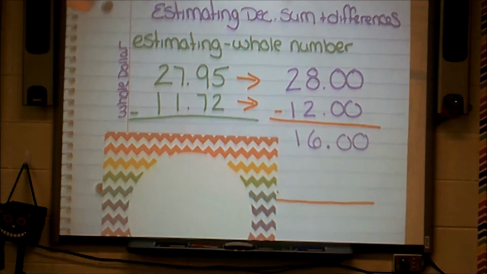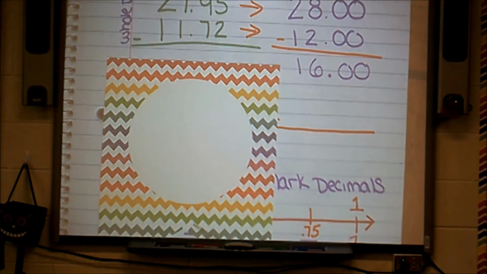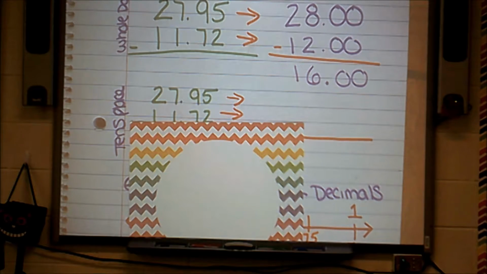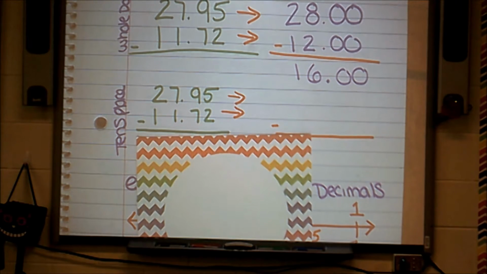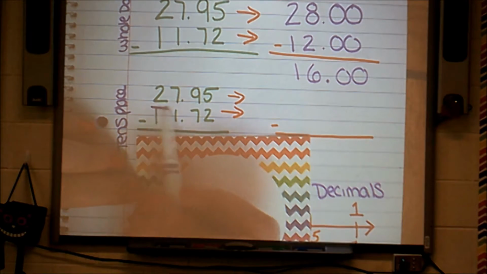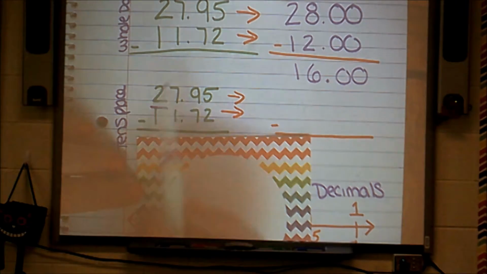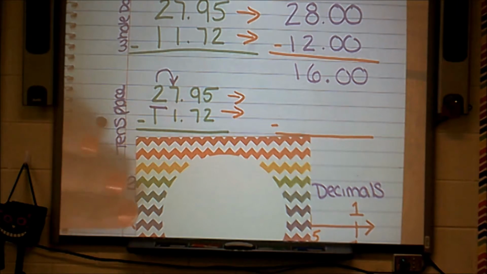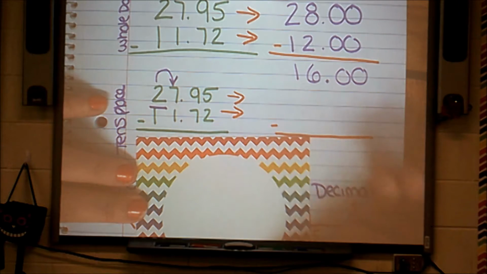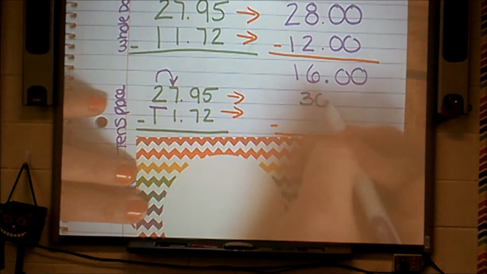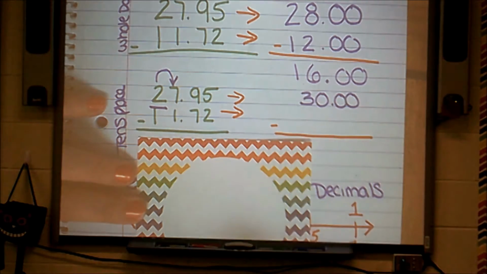Another form of estimating that we will be doing is estimating also with a whole number, but to the tens place. So we're going to take the same numbers, and instead of rounding to the next whole number, we're going to round to the tens place. In this case, I have a 2 in my tens place. My 2 looks over at my 7. My 7 tells him to jump up. So that makes my $27.95 round up to $30.